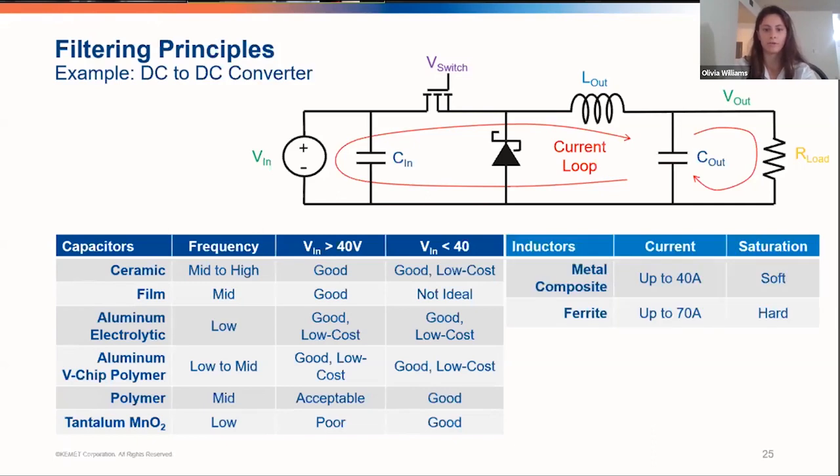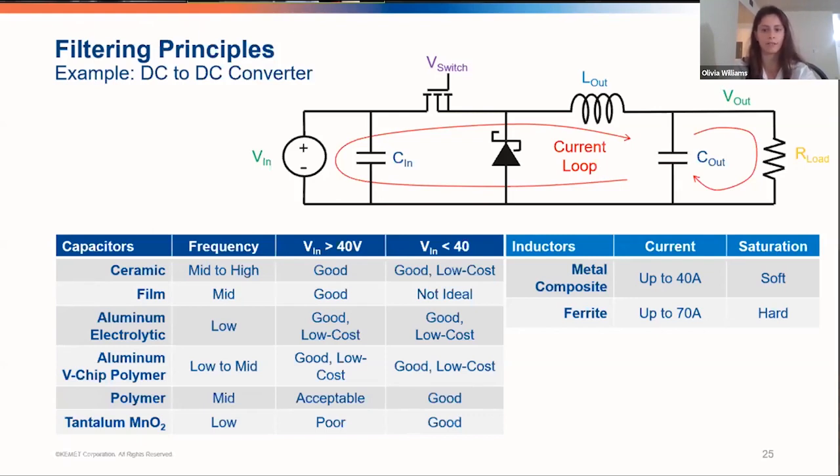And then inductors are also involved in the filtering. For the inductors to be used there with C out, basically we have two chemistry options. We have our metal composite inductors, which have pretty nice soft saturation. They're good up to about 40 amps of current, but the core loss tends to be a little on the high side, or higher than the ferrites at least.